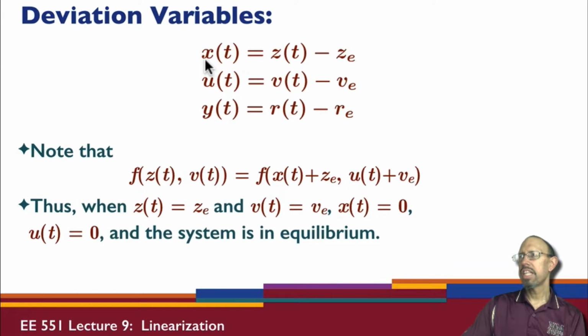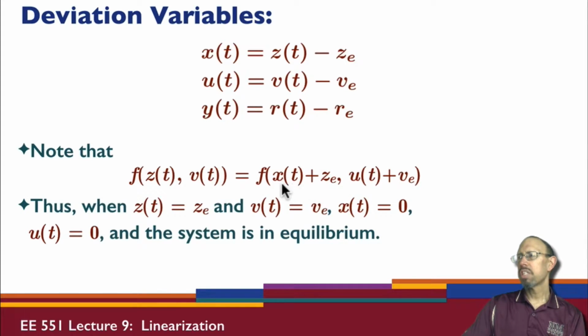We can now define the deviation variables. x is equal to z minus the equilibrium z. u is equal to v minus the equilibrium v. And for the output, y is equal to r minus the equilibrium r. This is the r that you get when we're operating at the equilibrium condition. Note that I can solve this equation for z and for v, and we can plug those back in here and get this.